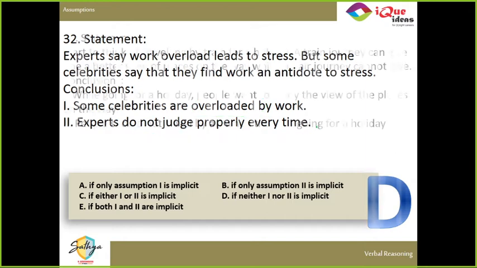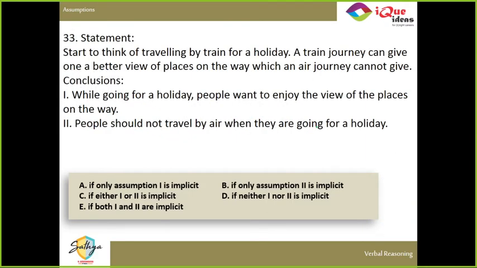Chalo, moving on. Start to think of traveling by train for a holiday. A train journey can give one a better view of places on the way, which an air journey cannot give. Now, while going for a holiday, do I assume that people want to enjoy the view of the places on the way? Right?